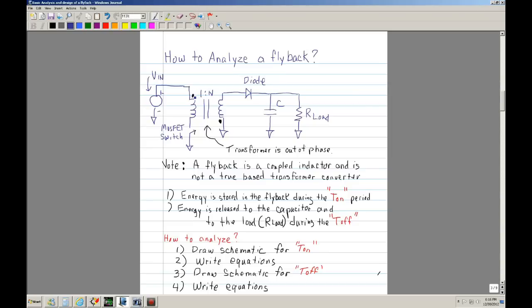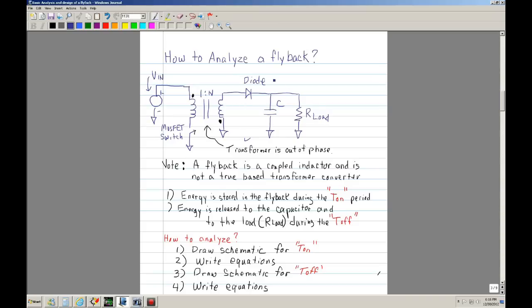Now the other property of a flyback is that the dots are out of phase with each other. So that's that little note right here, that the transformer is out of phase. And then you're going to have a switch. The switch is implemented with either a bipolar transistor, or you can implement it with a MOSFET, and typically we use a MOSFET.